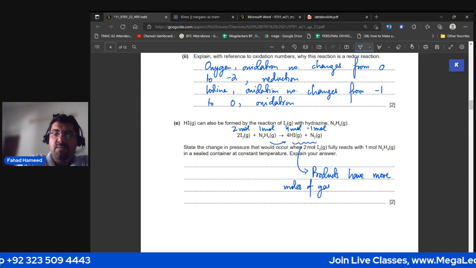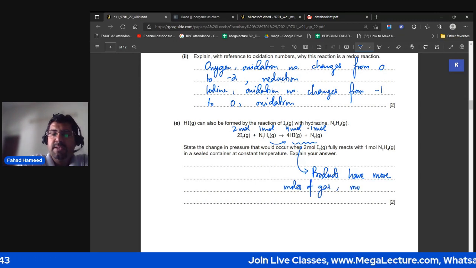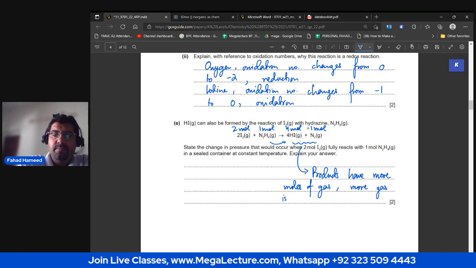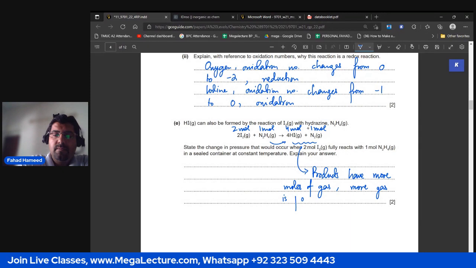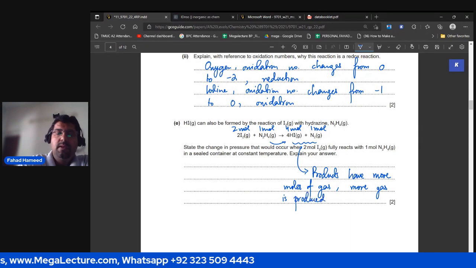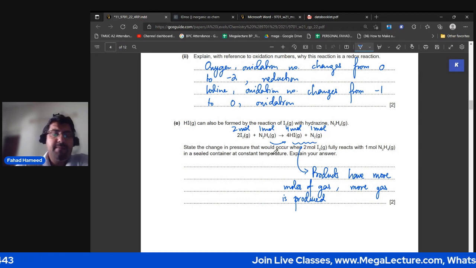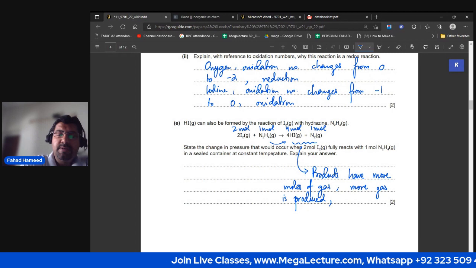So they have more moles of gas, which means more gas is produced. And if more gas is produced at a constant temperature, so you have more gas, you're going to talk about collisions of particles.